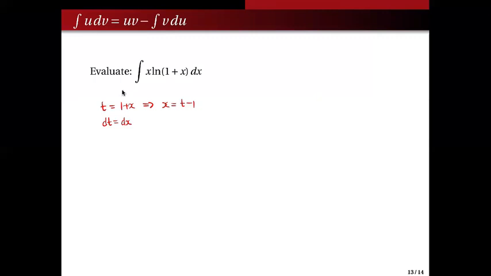Which means that this guy here is now the integral of the quantity t minus 1 times ln of t, and then the dt. Or here, we have integral t ln of t dt minus the integral of ln of t dt. And this guy here is example 1, and this guy here is your example number 2. So you can go back to that and write the final answer for this lecture.